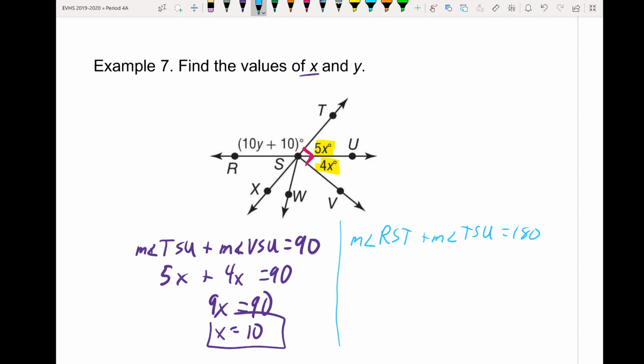Okay, therefore, I'm going to substitute in RST is 10y plus 10 plus 5x equals 180.